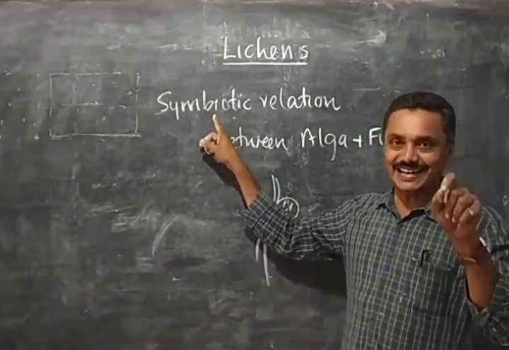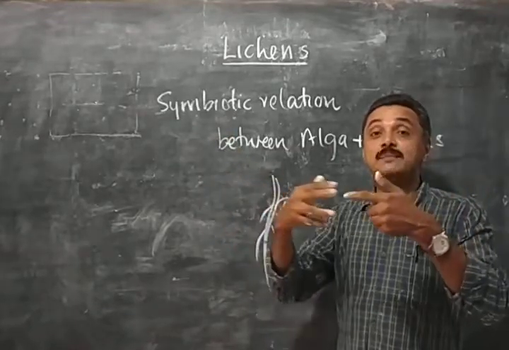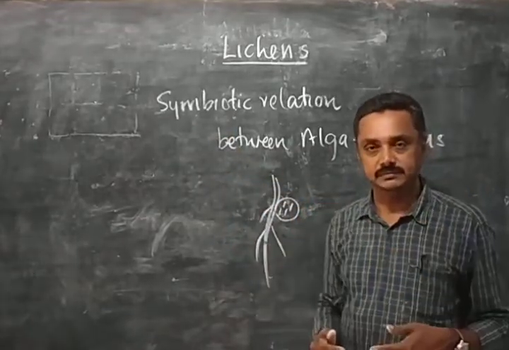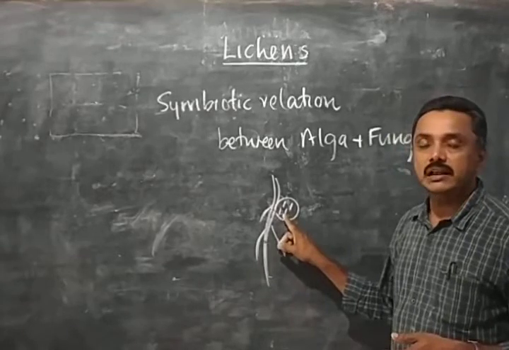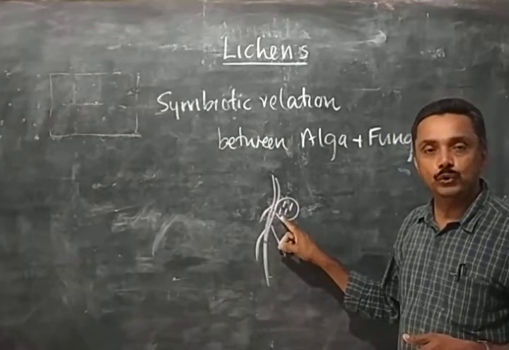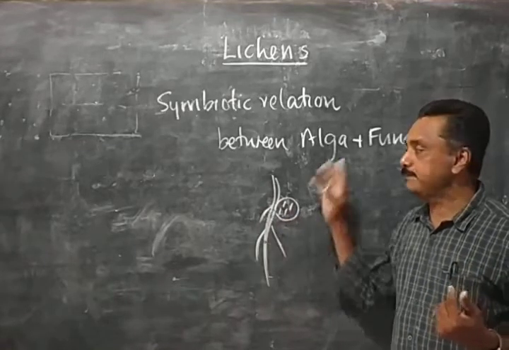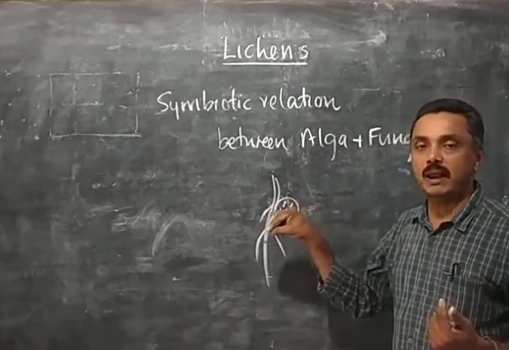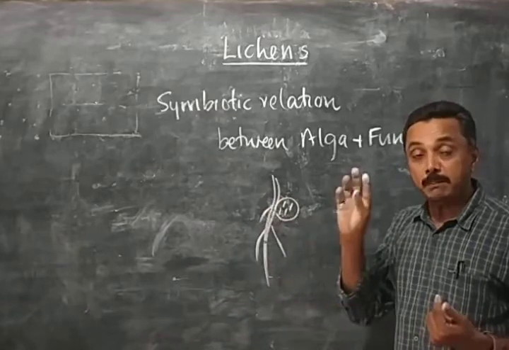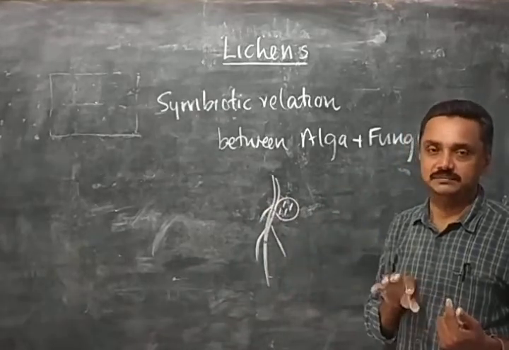Symbiosis is a relation in which two organisms are living together. Here, bacteria are living inside the root nodule. Why? Bacteria absorb nitrogen and give it to the plant. The plant prepares food and gives it to the bacteria.